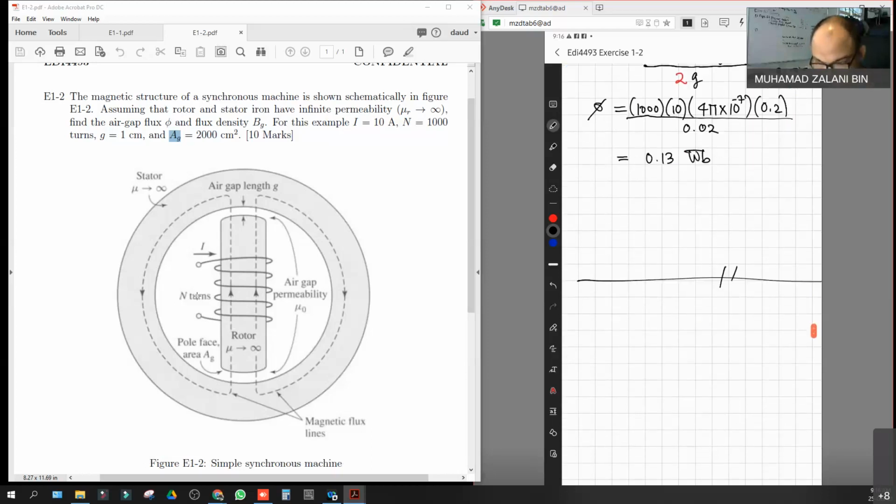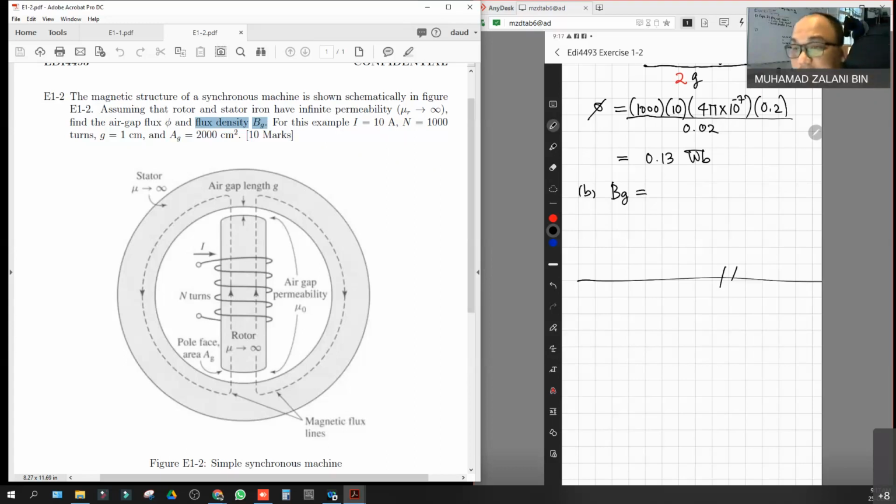Alright. So what else? We have another question in this E1-2. Other than the flux, we want to find the flux density Bg. So for the flux density, let's say this is B, we want to find Bg.